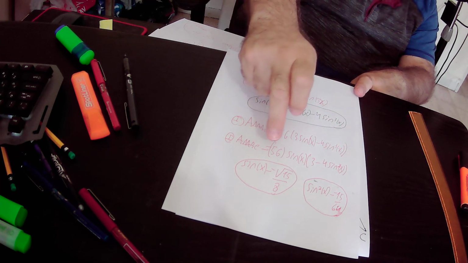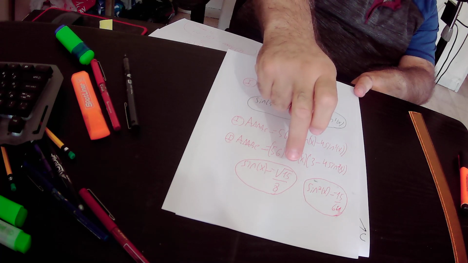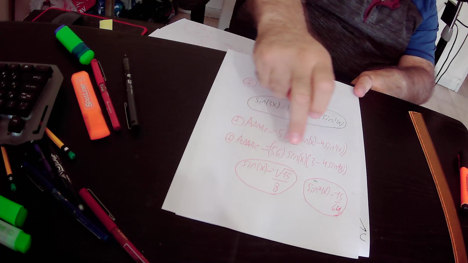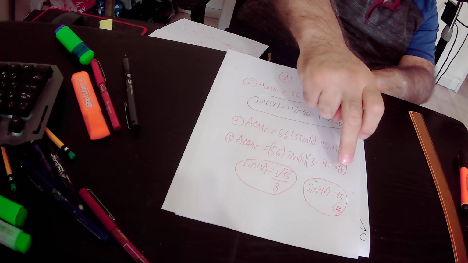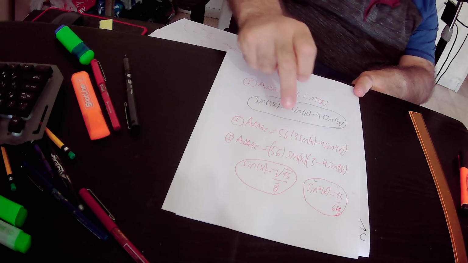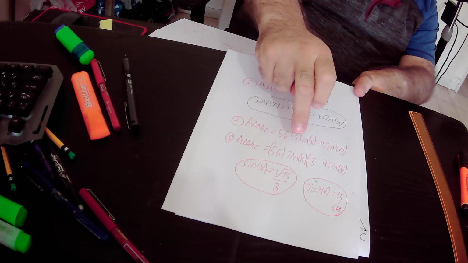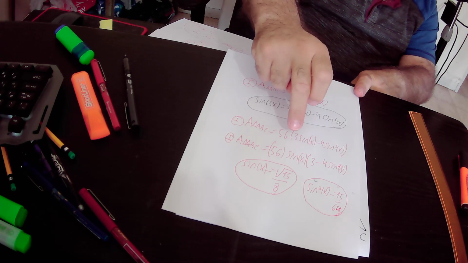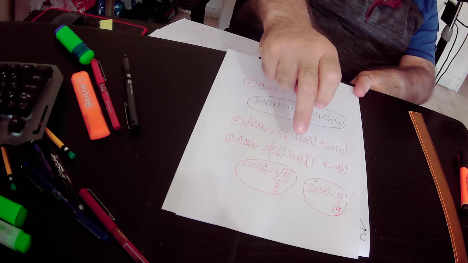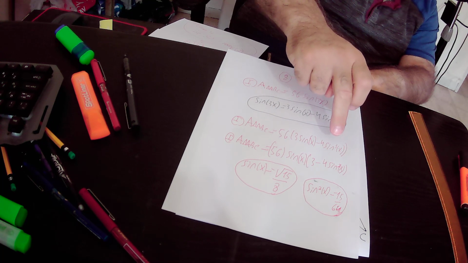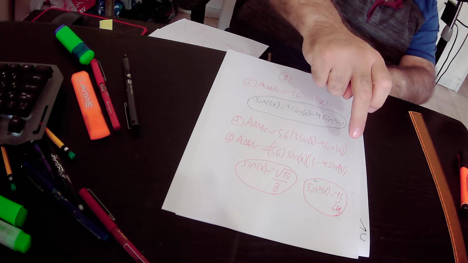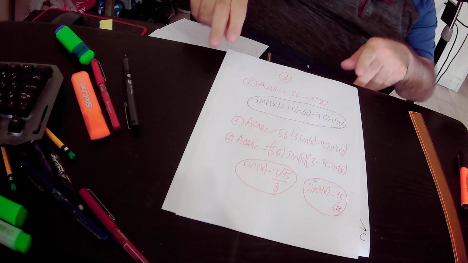We know that sine x equals root 15 over 8, so if we square this equality we get that sine square x equals 15 over 64, and the only thing left is to substitute sine x by root 15 over 8 and sine square x by 15 over 64.